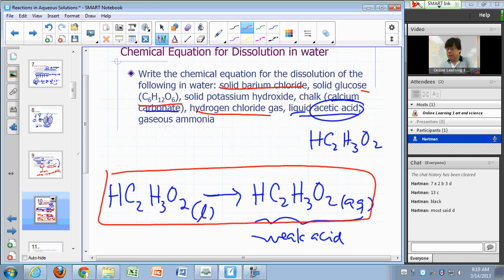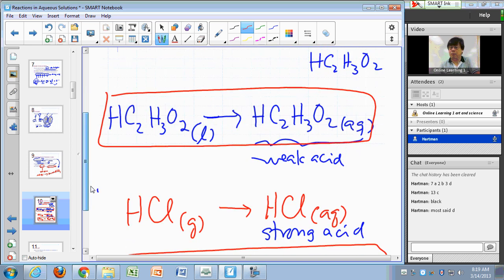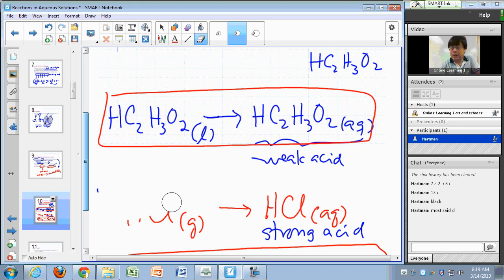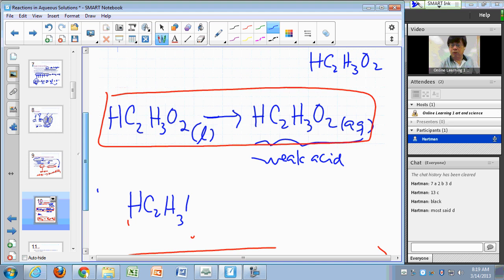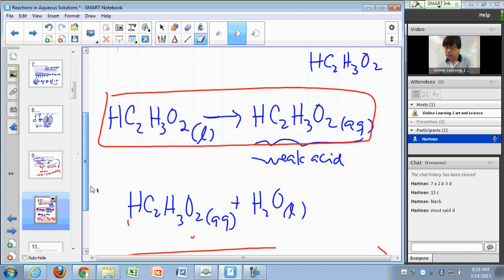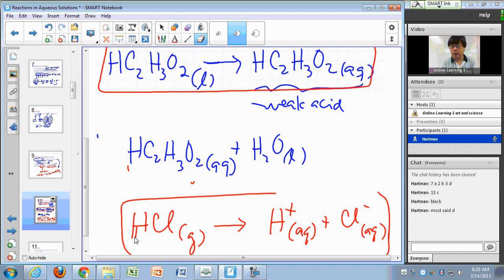Now, the molecule itself, once it gets into water, reacts to a very slight extent with water to give you your hydronium ions. So once you get your acetic acid molecules in water, HC2H3O2 aqueous can react with water molecules.